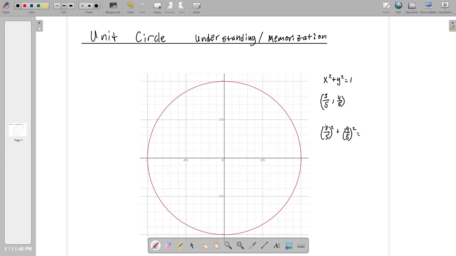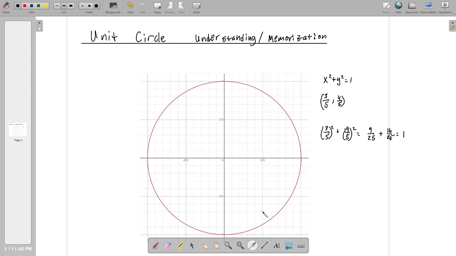And this ends up being 9 divided by 25 plus 16 divided by 25 when we square both of these. 9 plus 16 is 25, so we end up with 25 divided by 25, which is of course 1. Therefore, it satisfies this equation. Again, therefore this point is on the unit circle somewhere.